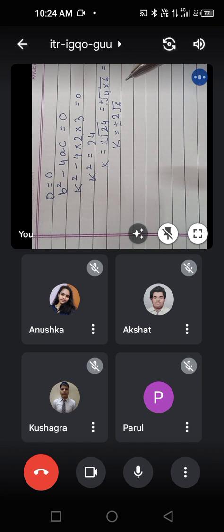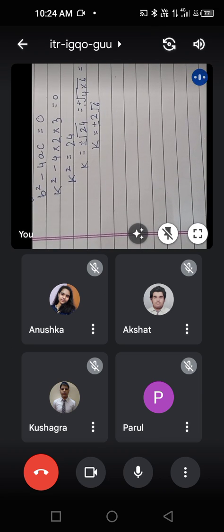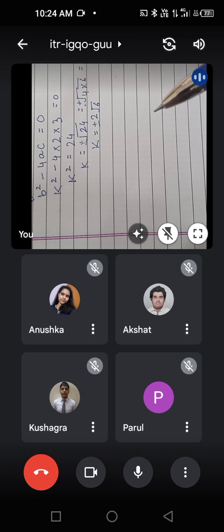Right? Question number 3 says, is it possible to design a rectangular mango grove whose length is twice its breadth and area is 800 meters square? If so, find its length and breadth.